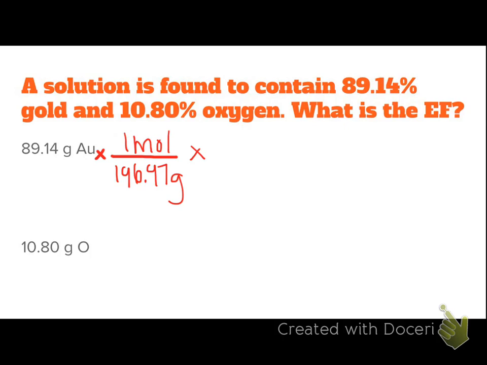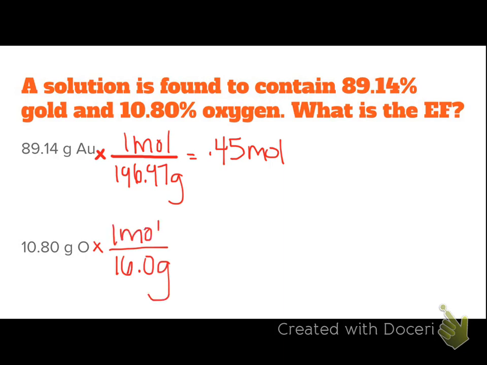If I multiply this out, I get 0.45 moles. Now let's do the same thing with the oxygen. 16 grams, 1 mole, going to give me 0.675 moles. So that's step 1.